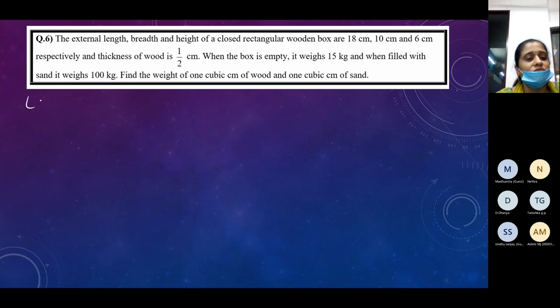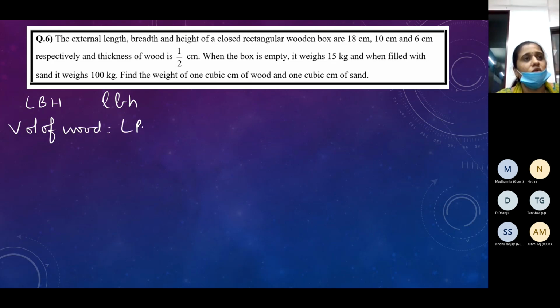So we have the external dimensions and the internal dimensions, correct? So what will be the volume of wood? External volume minus internal volume. What will be the volume of sand?